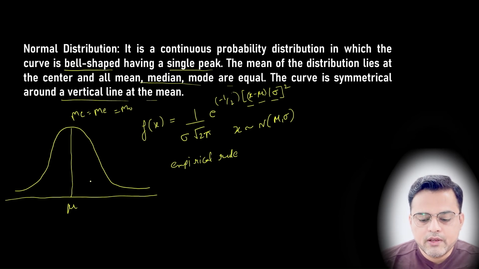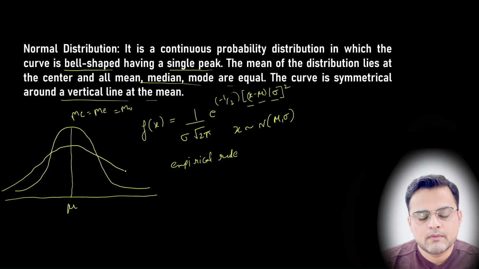Now if the value of sigma is large, if the value of standard deviation is large, it reduces the height of the curve. So there can be another curve like this. So here this is sigma 1 and this is sigma 2.